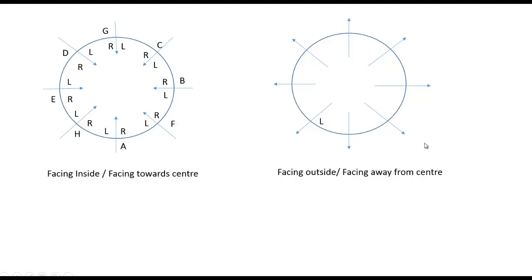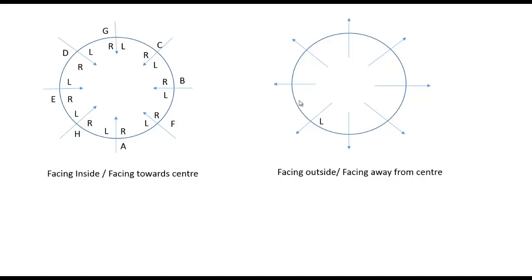Now you have to specify the left hand side and the right hand side. When they face towards the center, left will be in the clockwise direction and right will be in the anti-clockwise direction. But when they are facing outside or away from the center, then their left hand and right hand will change. It will be opposite than that of the previous.